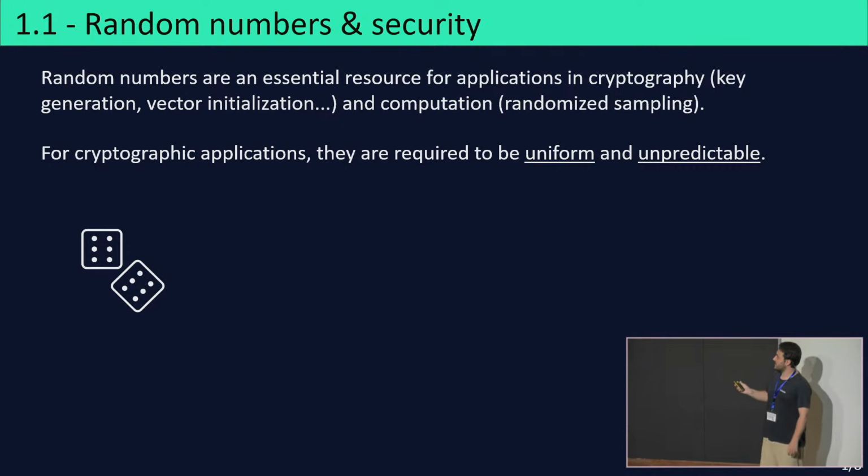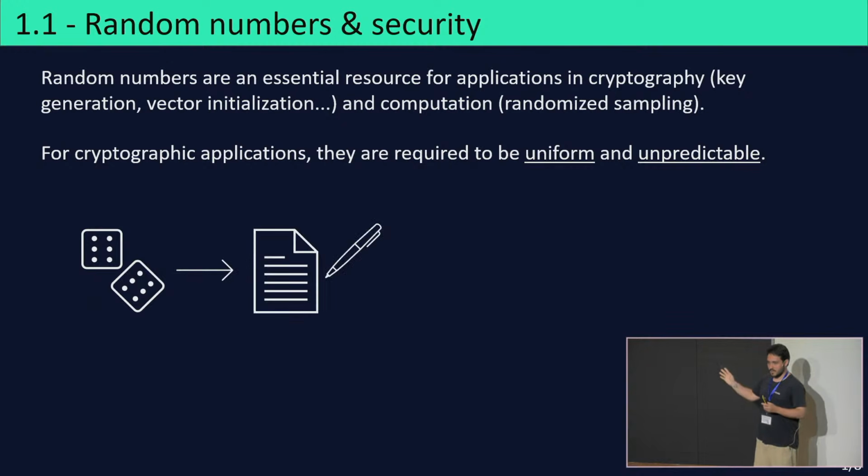Now, an important caveat that one needs to take into account is that physical devices have noise and may have correlations with the environment, and this can affect, in particular, the unpredictability. To illustrate this, think again about the dice. You may throw them many times and record the outputs in 2 different sheets of paper. Now, if you take one of those sheets of paper as your system, you can think about the numbers that are recorded in the sheet of paper as being a source of uniform random numbers.